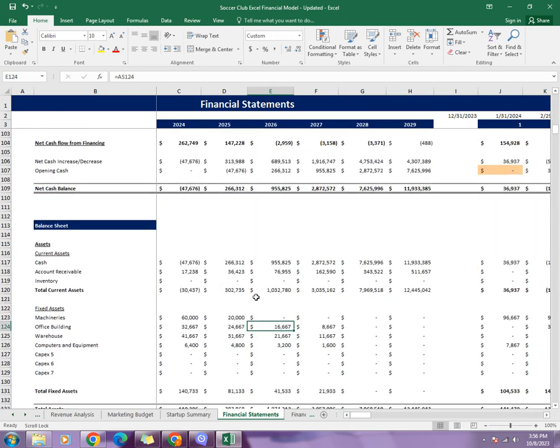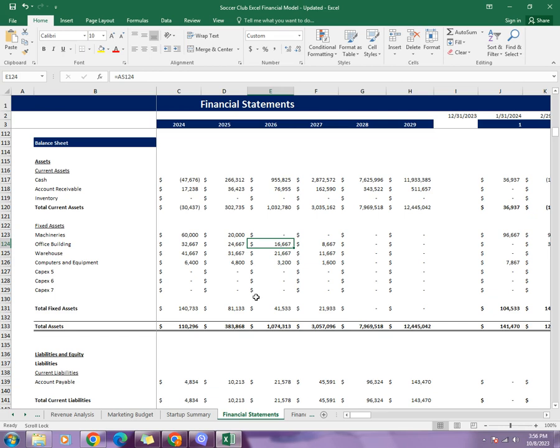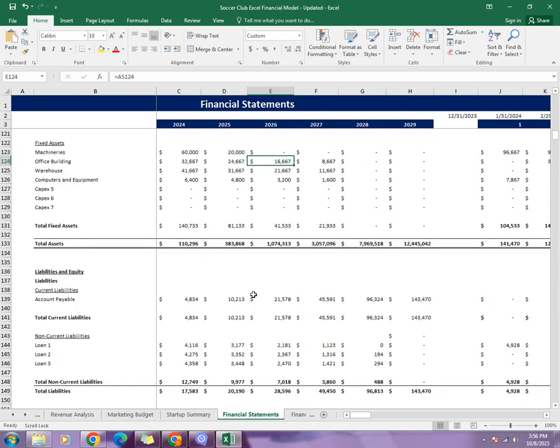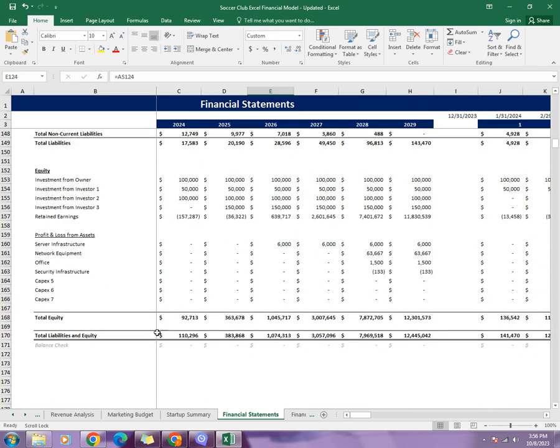Then comes the balance sheet. The balance sheet gives you the total assets of the business in the next 4 years, as well as 5 years, on an annual basis and monthly basis. It also gives you the total liabilities and total equities of the business. As you can see, it also gives you a balance check to see if they are balanced or not.